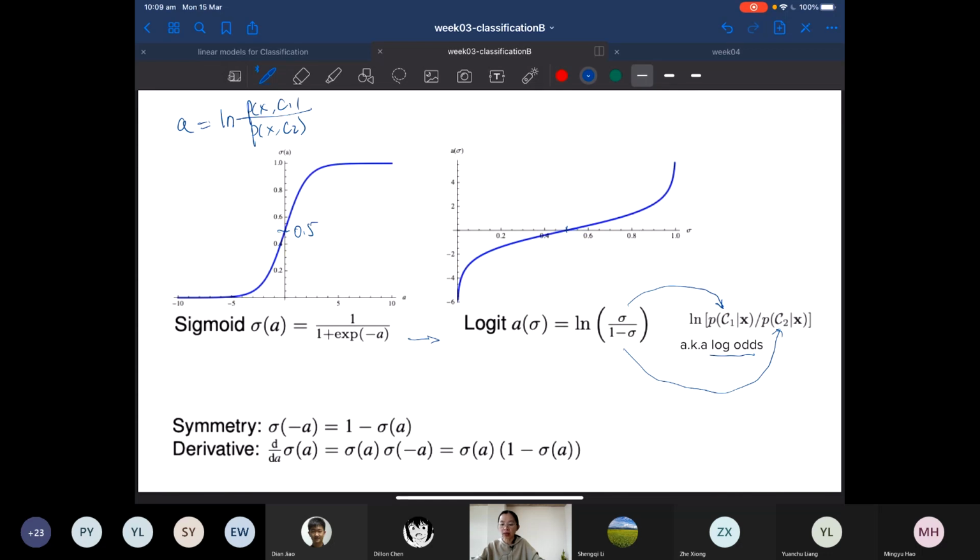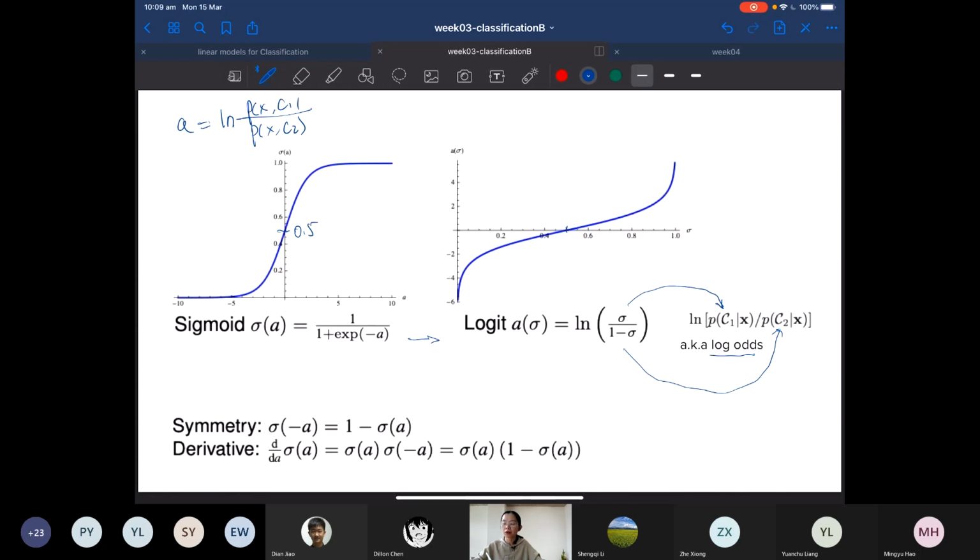And when class C1 becomes dominant or very likely, the logit function goes up to infinity on the right-hand side. So there's an apparent symmetry for the sigmoid function that you can notice.